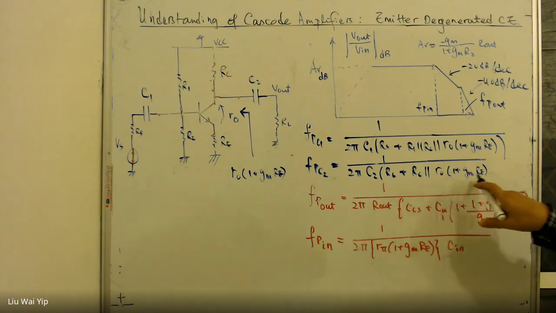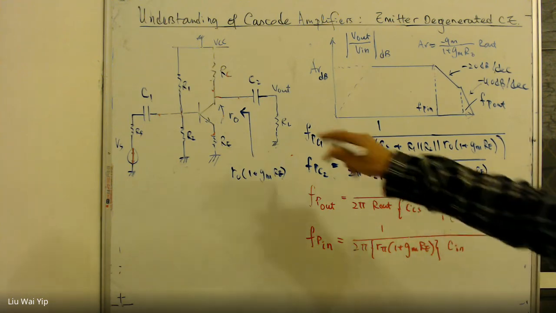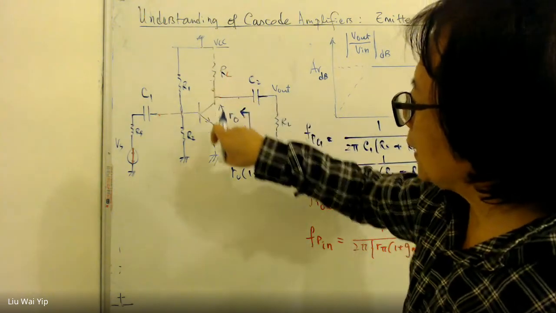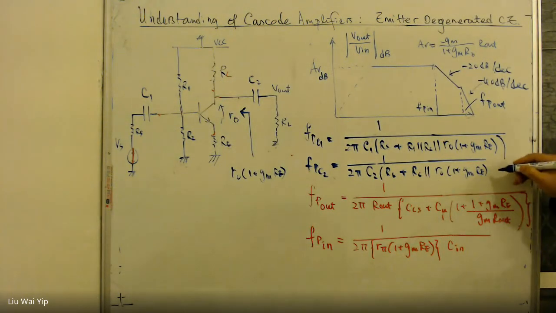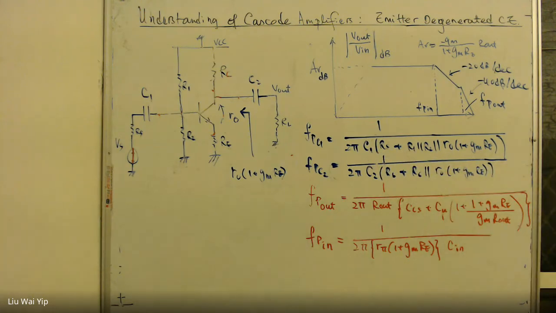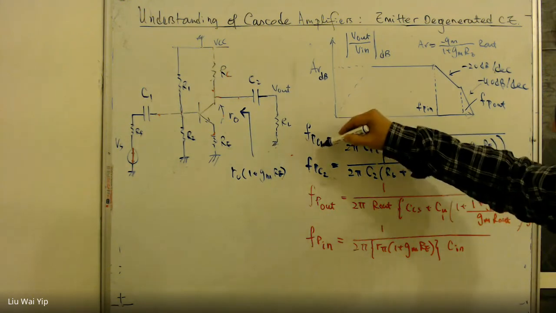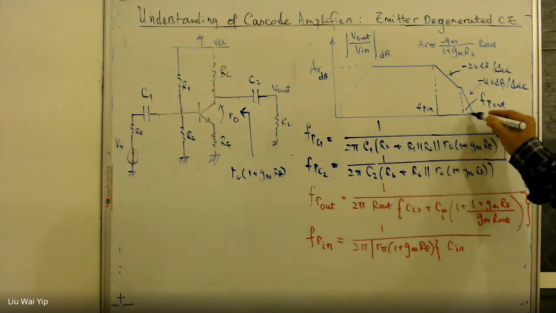So this is not output resistance. It is a combination of this and that connected in parallel. So this is the second pole, and we don't know the position of this pole in the frequency axis.